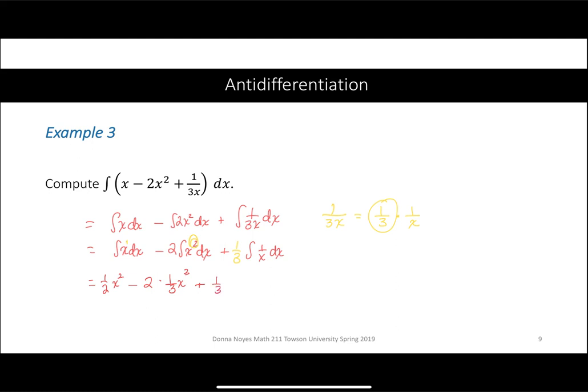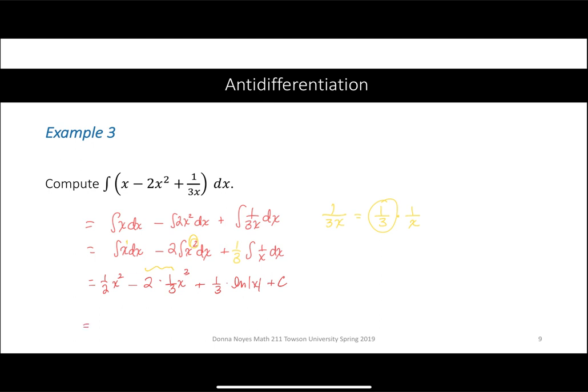For this last integral, we have 1 over x. We leave the 1/3 on the outside, and we find the integral of 1 over x is the natural log of, don't forget the absolute value of x, and then don't forget your c. So the only cleaning up we need to do is we can multiply 2 and 1/3 here.